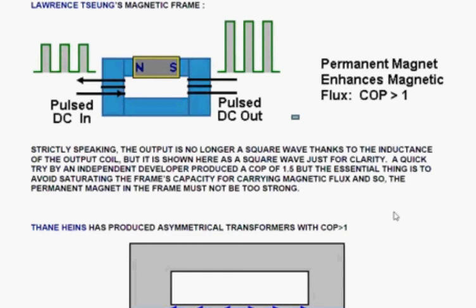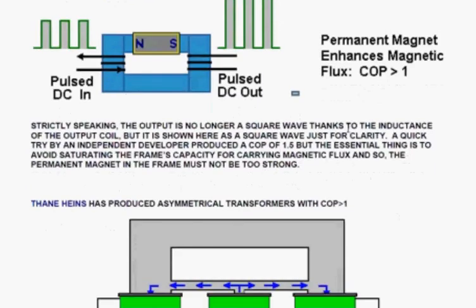And you pulse a coil on one side with DC, and the coil on the other side gets pulsed DC coming out. Technically speaking, what's coming out is really very close to being a sine wave rather than a square wave. But forgive me for showing it as a square wave, because it's easier for people to understand that way.